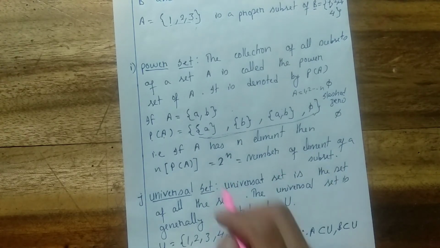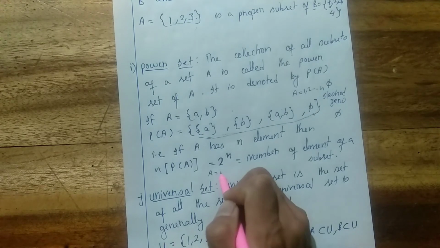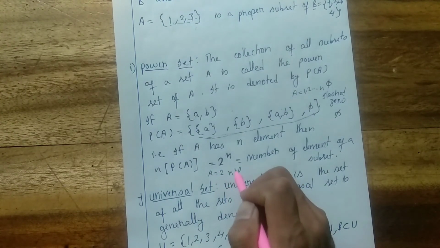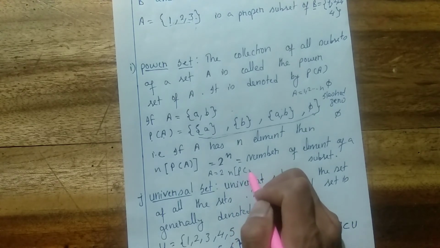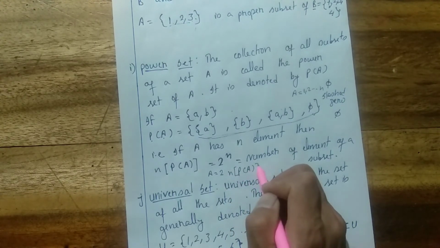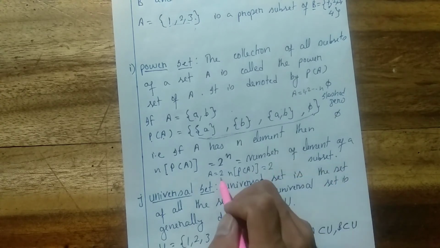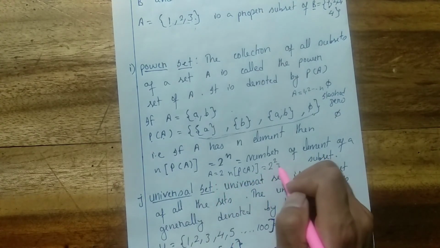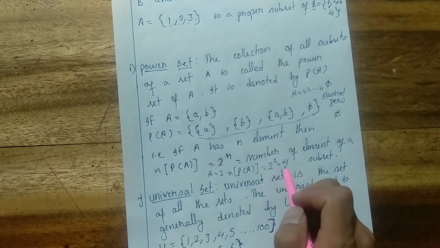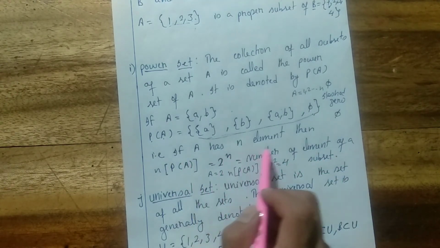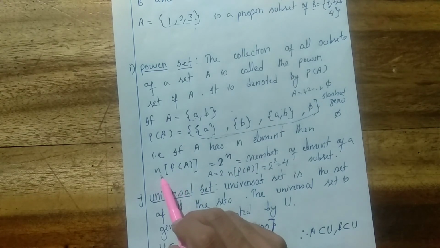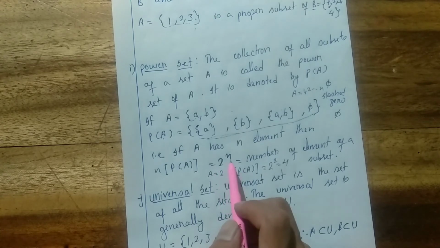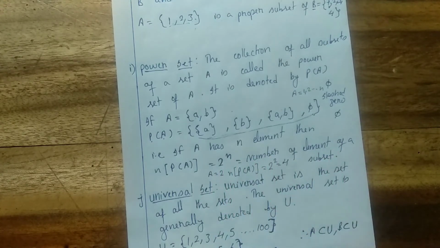Suppose we have n equal to 2, then 2 squared equals 4. So this is the answer, which means if A has n elements, then the power set of A has 2 to the power n elements, that is the number of subsets.